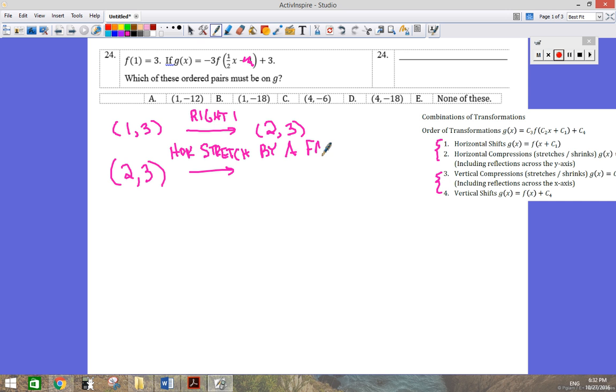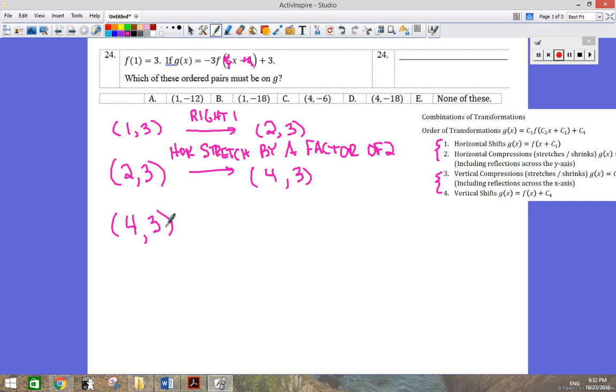Now, you don't have to write these descriptions. I'm just doing this to try to help you to possibly understand this better. So this is telling me to multiply the x coordinate by 2. 2 times 2 is 4. So now I'm through with the transformations on the x coordinate. 4 is going to be in my final answer.